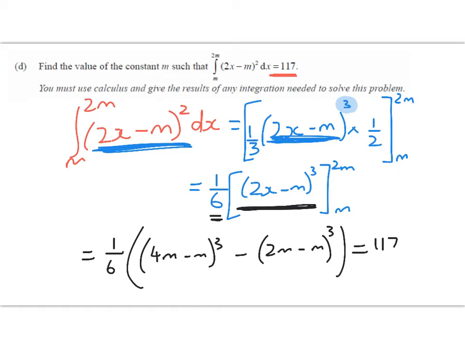So what have we got here? Well, we've got 3m cubed minus m cubed is equal to, what have we got, 117 times 6, so that's 702. I'm going to use a new slide to finish this off.